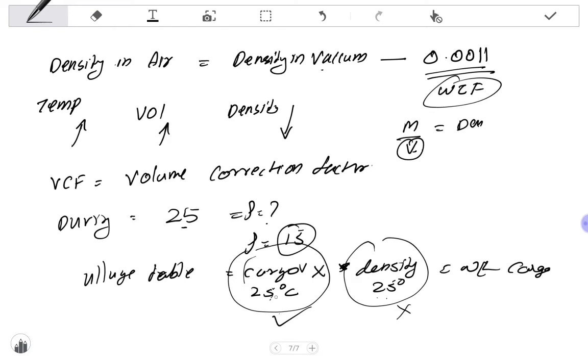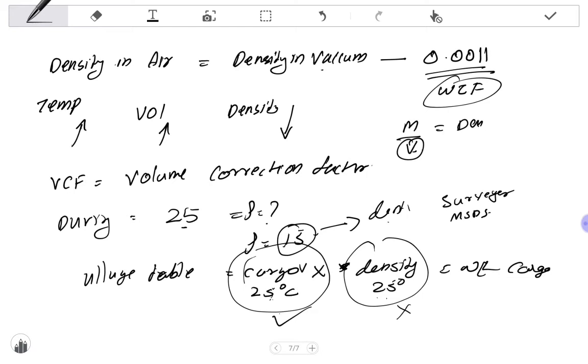If you can bring the cargo volume to 15 degrees Celsius, the density is known, because it is a standard temperature. Every cargo has a standard temperature density that will be provided by the surveyor. Okay, MSDS also has it.